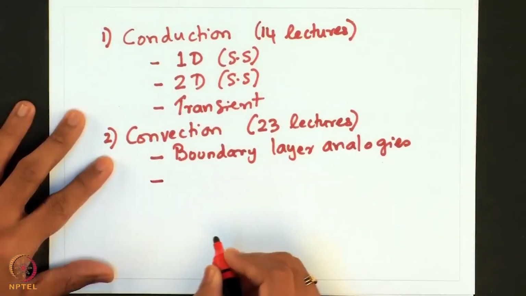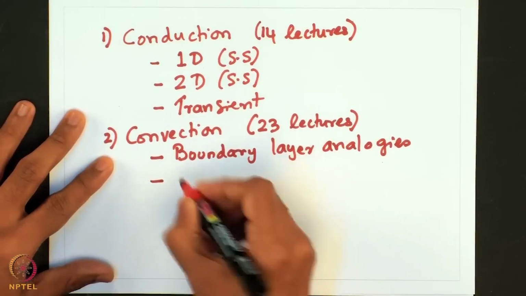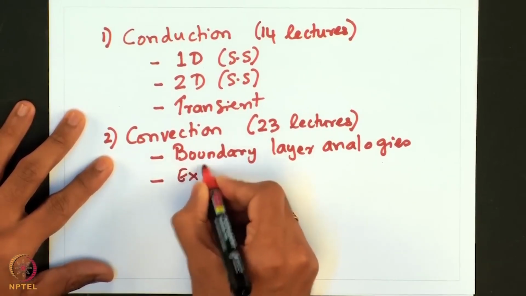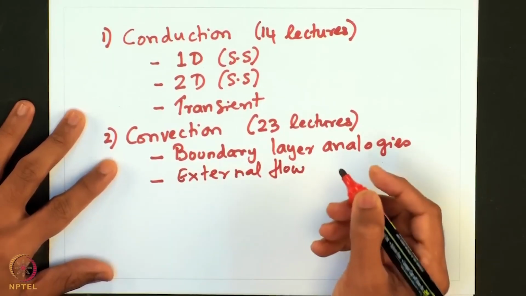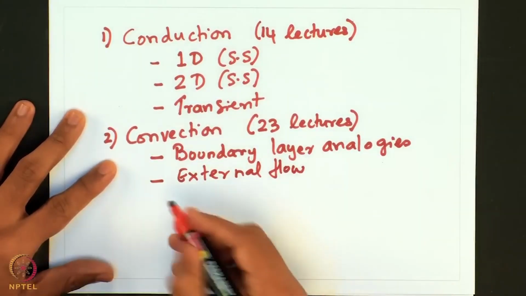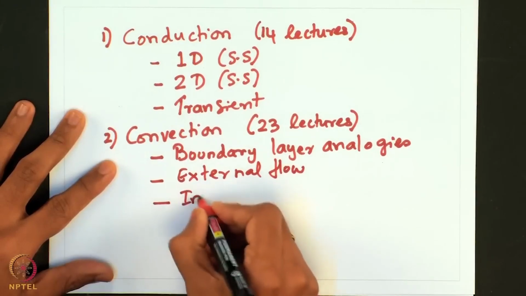So, in particular we will look at two different types of flows. One will be the external flows, where the flow of the fluid is past the object, and then we will look at internal flows.